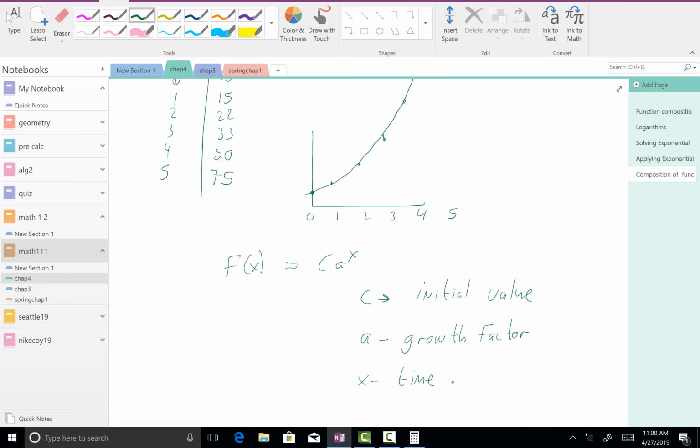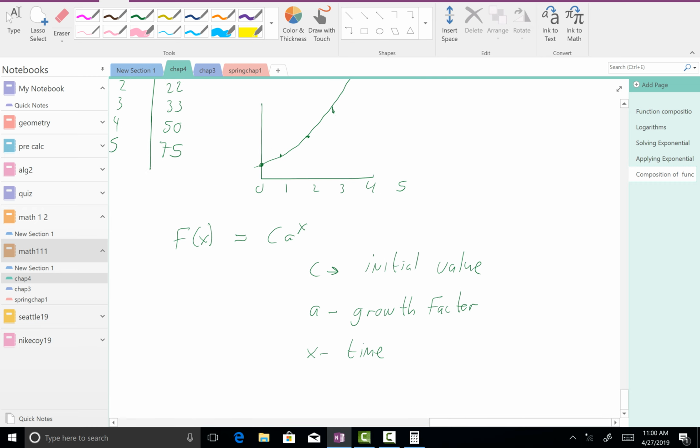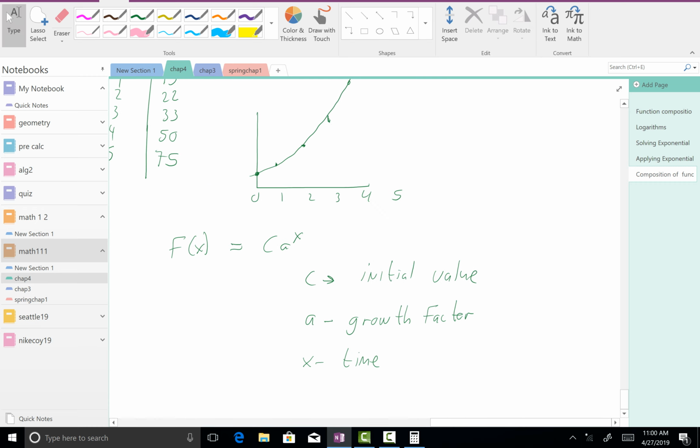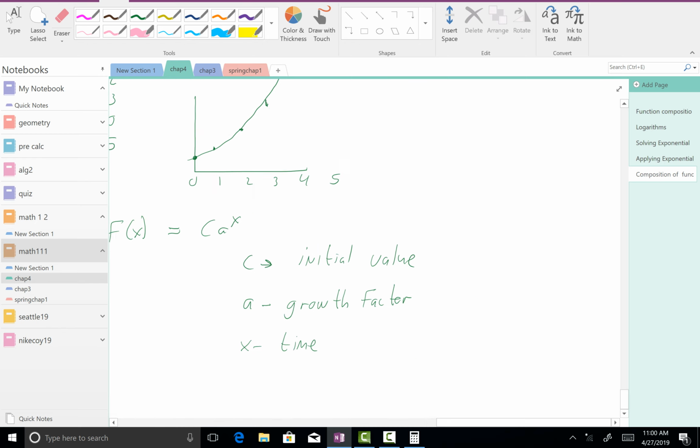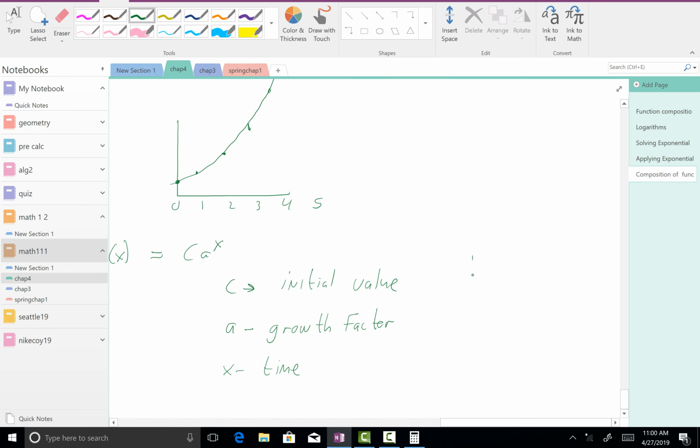Now, there's a couple things, though, that we need to look at here, okay? There's two things. There's a growth factor, and there's a growth rate. And many times they get confused, all right? So let's look at them. I want to go back to this table that I made.